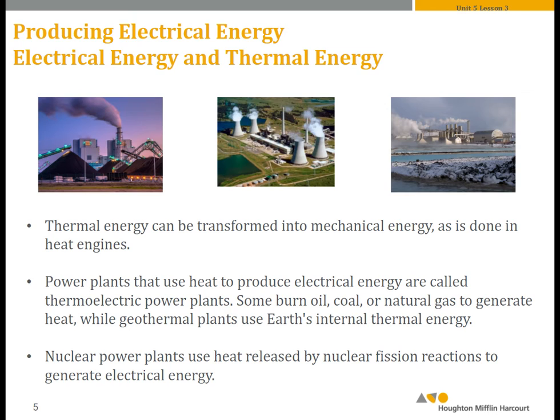So nuclear power plants are controversial because they have great benefits and they have great risks as well. Some people consider them to be a great source of electrical energy, especially as the technology improves, because the technology has improved over the past few decades since we first started using nuclear energy.